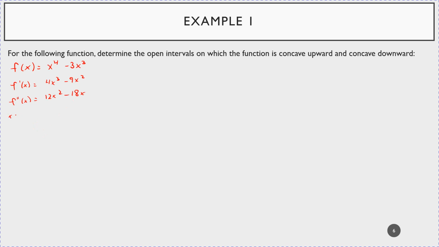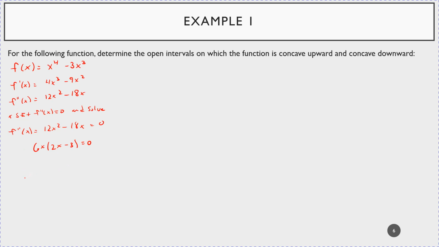Now you're going to set f double prime of x equal to 0 and solve. So f double prime of x is equal to 12x squared minus 18x. You solve by factoring here. You can factor out a 6x, and you're left with 2x minus 3 equal to 0.